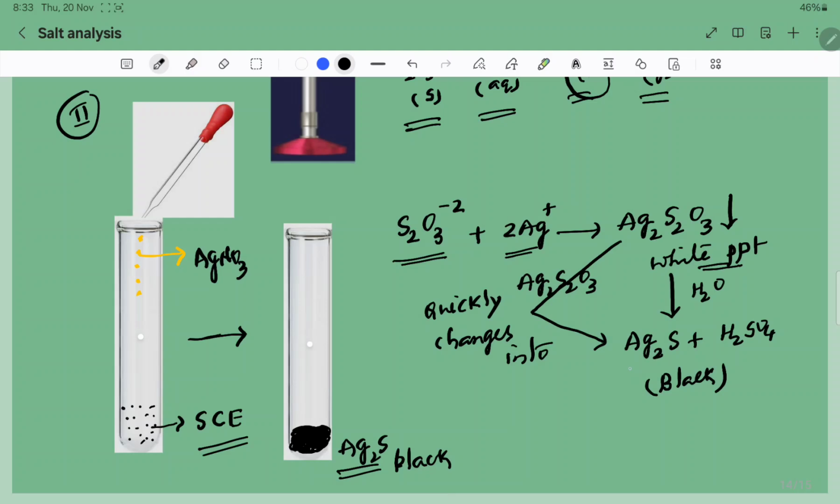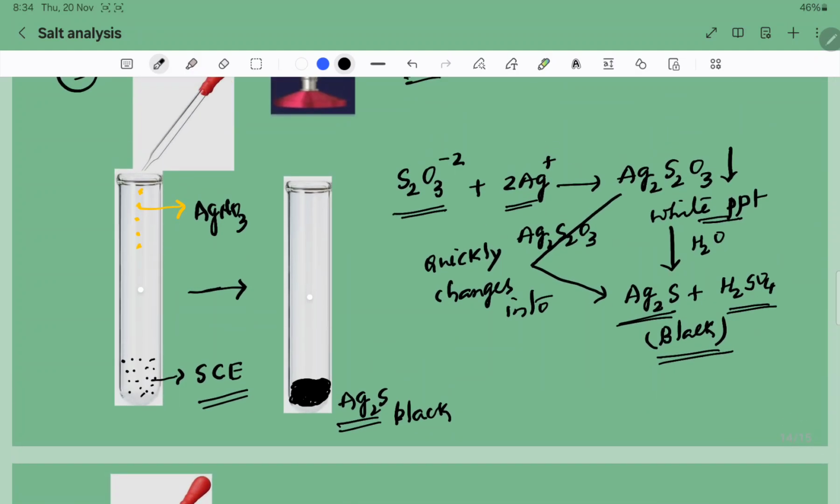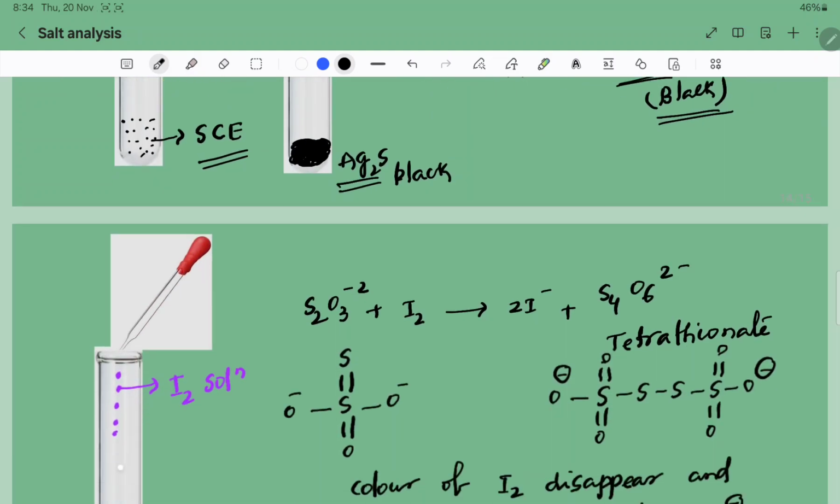Immediately it changes into Ag2S plus H2SO4. It will form a black precipitate in the test tube. Reactions are very important, student. Easy reaction, just add plus and minus and it will be a white precipitate. This will quickly change into Ag2S plus H2SO4.